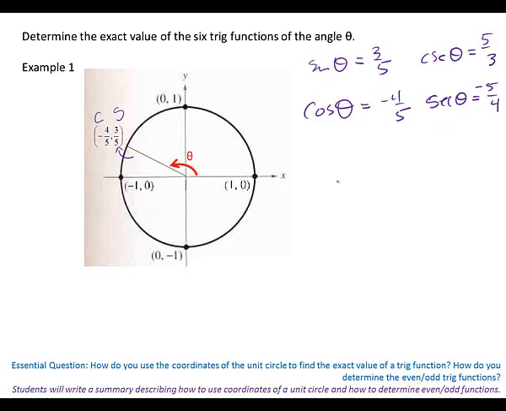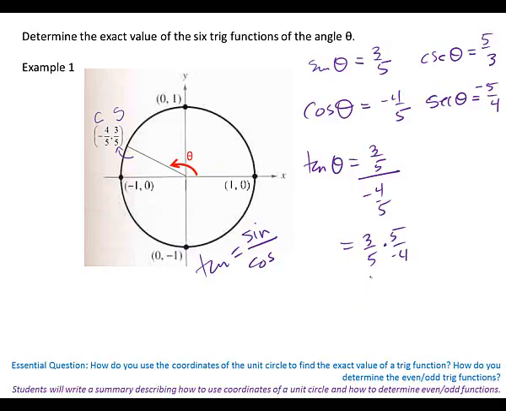-5/4. Excellent. Yesterday we talked about a trig identity for tangent: the tangent is the sine divided by the cosine. So let's do that for the tangent. The sine is 3/5, the cosine is negative 4 over 5. Remember how we flip and multiply those things?